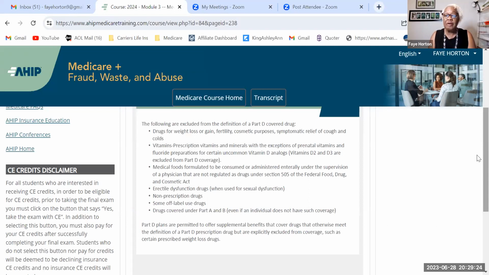So you have to be very, very careful. Look in the evidence of coverage. If you're not sure, call the carrier, but don't make the assumption that every one of those drugs are not covered. Part D plans are permitted to offer supplemental benefits that cover drugs that otherwise meet the definition of a Part D prescription drug, but are explicitly excluded from coverage, such as certain prescribed weight loss drugs.